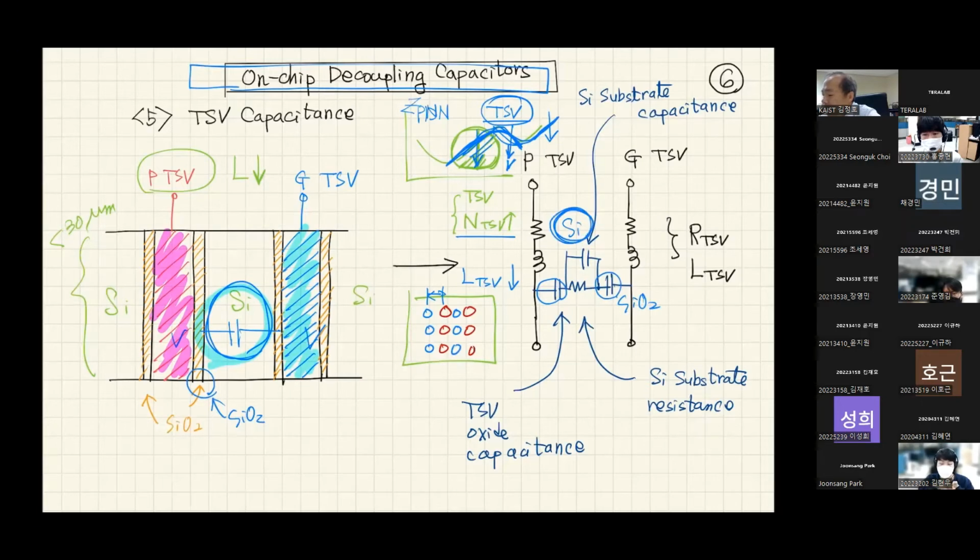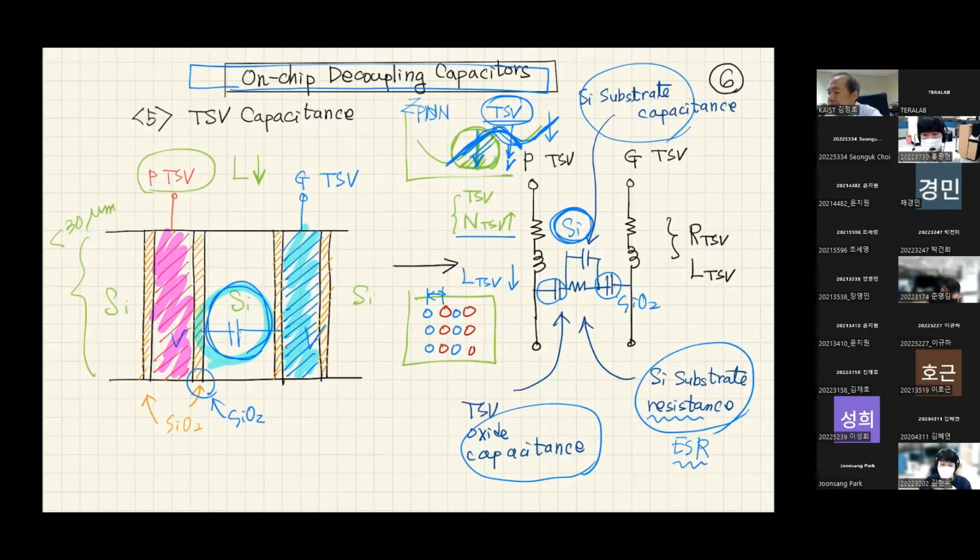So in the case of TSV-to-TSV capacitance, we have three different types of capacitance. Number one is TSV oxide capacitance, and TSV silicon substrate capacitance and resistance. Of course, the silicon substrate has certain resistance. It is going to contribute to the ESR.